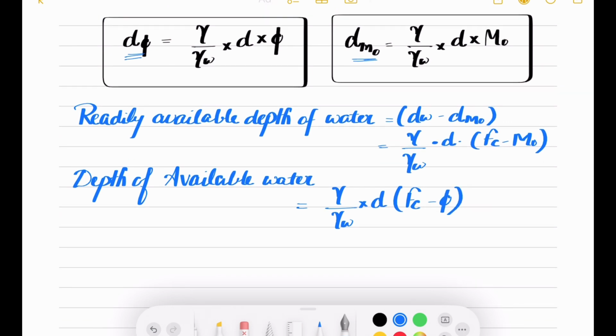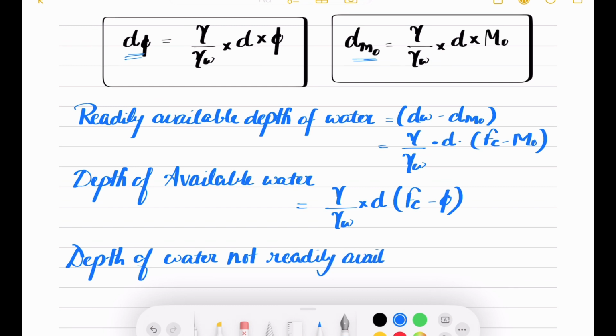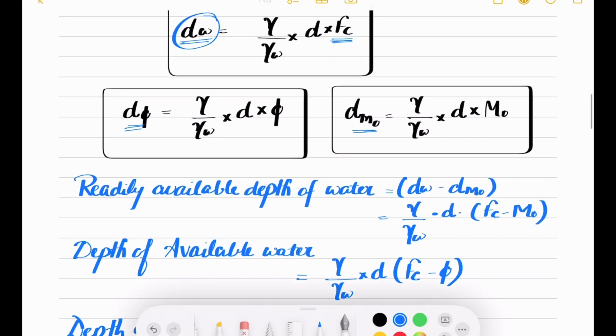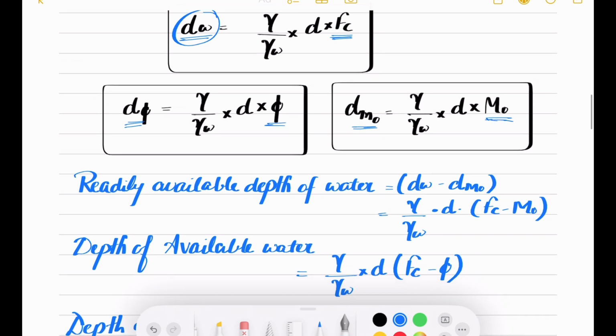Then we have the depth of water not readily available. So that will be the optimum moisture content minus the wilting point moisture content, right?